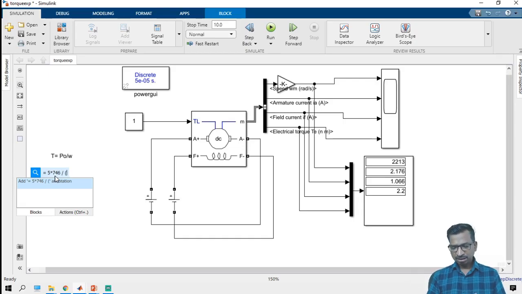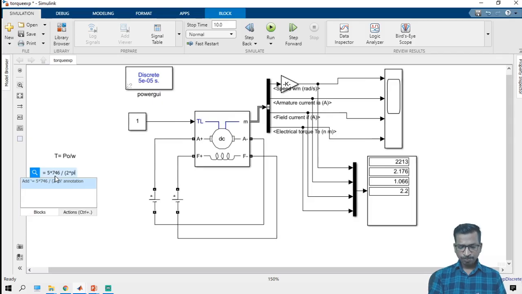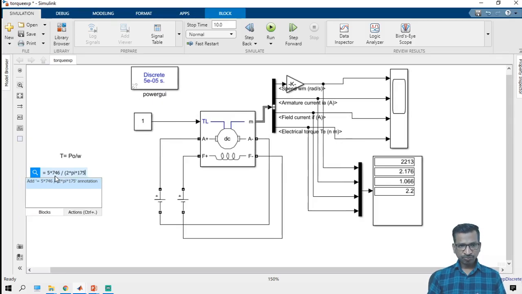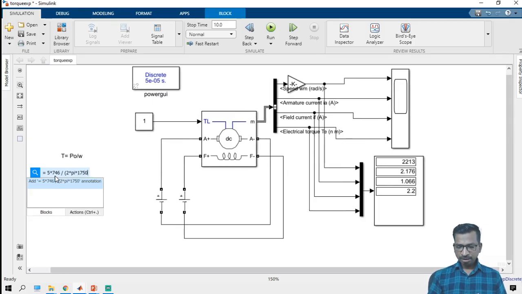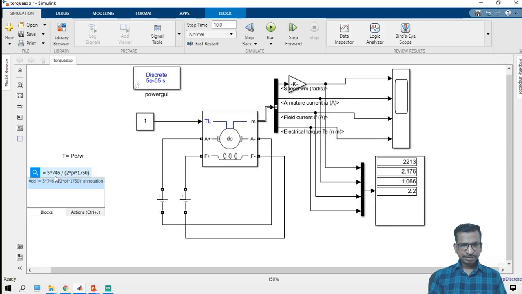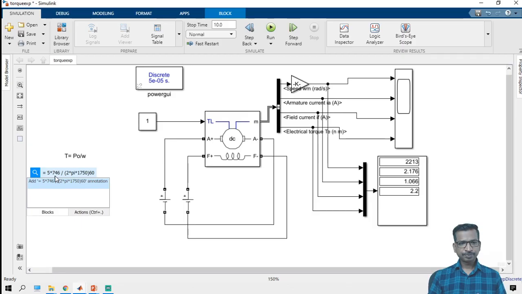So here let us solve this equation. 2 pi into 1750 divided by 60. If you solve this equation, you will get the total torque. For the total torque which is available, this much torque can be loaded to the motor.